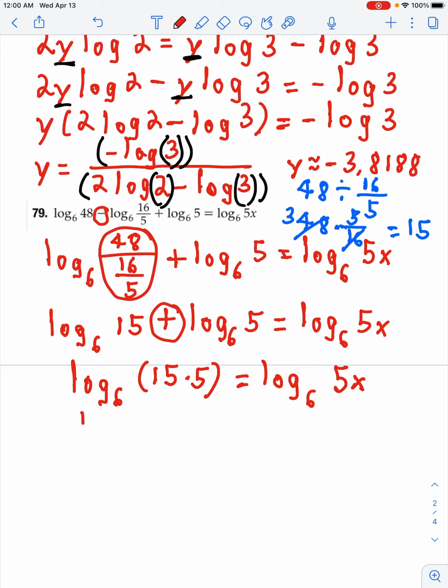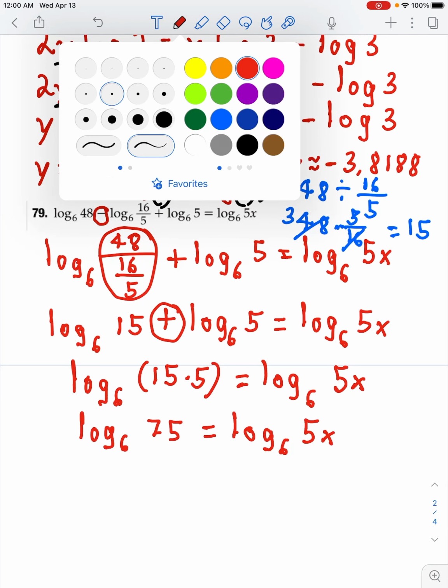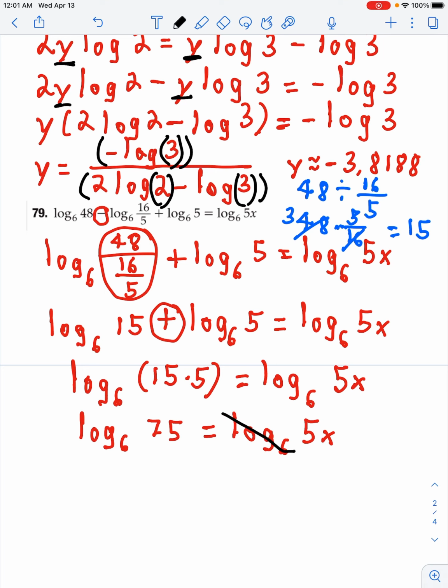And now we have log base 6 of, that would be 75, equals log base 6 of 5x. So now at this point, we do have 2 base 6 logs, one on each side, and the arguments are now equal, namely 75 would equal 5x, and when we divide both sides by 5, that gives us x equals 15.